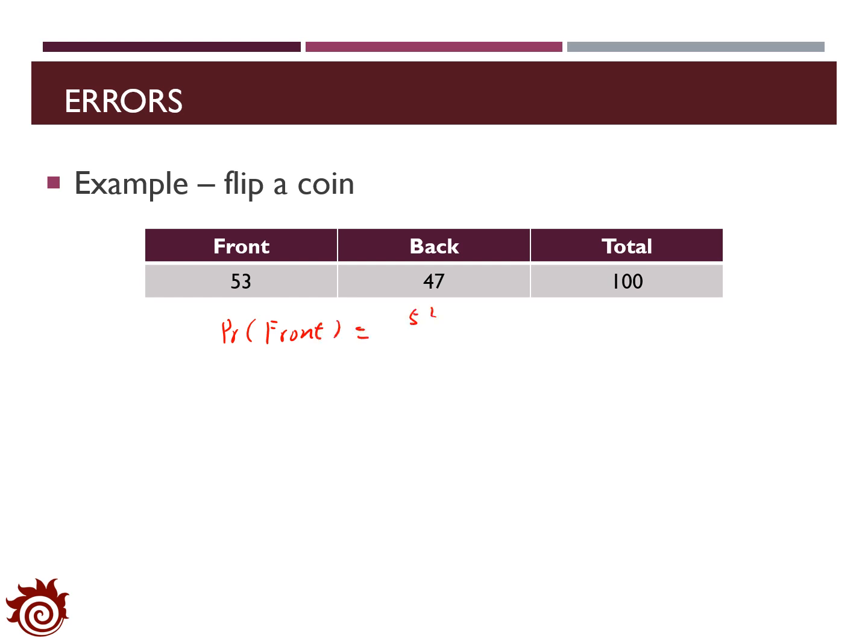as 53 over the total number of times, 0.53. Similarly, for the back, we will have the value as 47 divided by 100, 0.47.